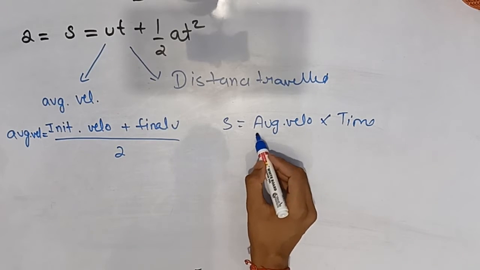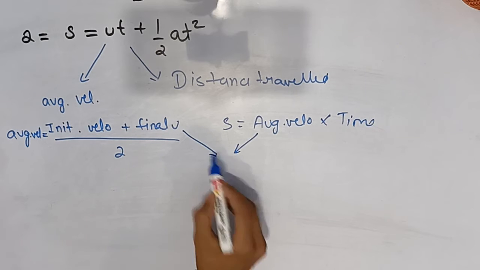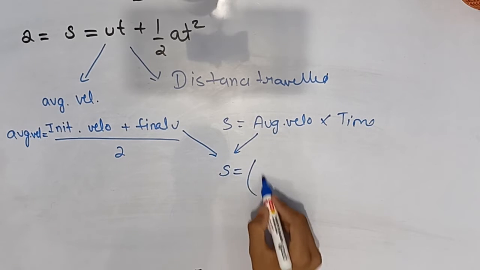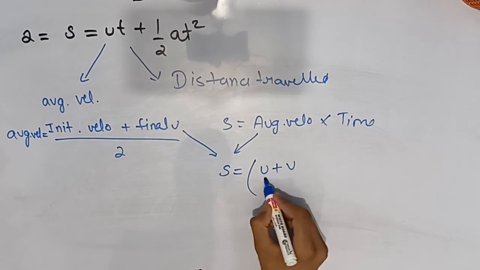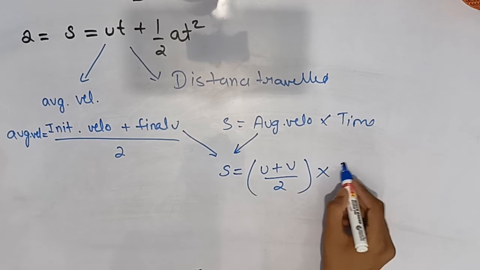We will put the average velocity value here, so we get s = (u + v)/2 × t.